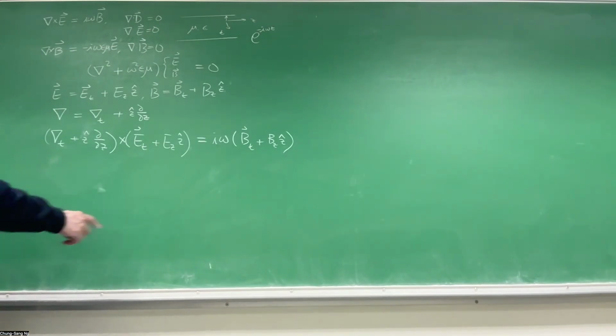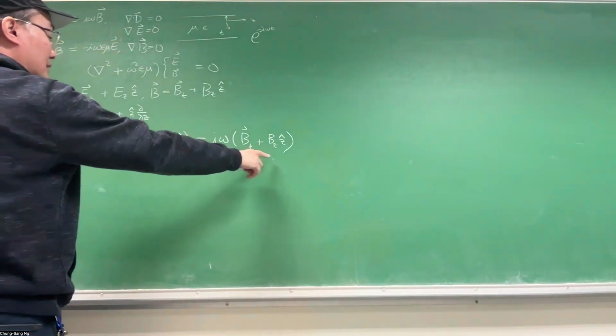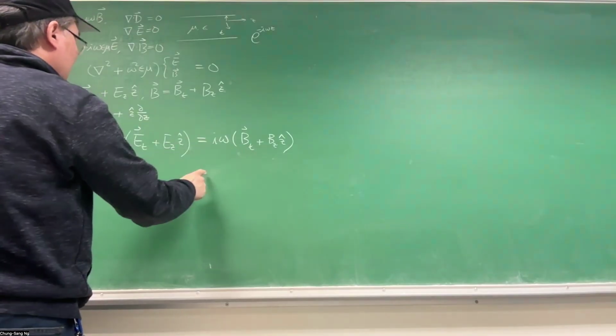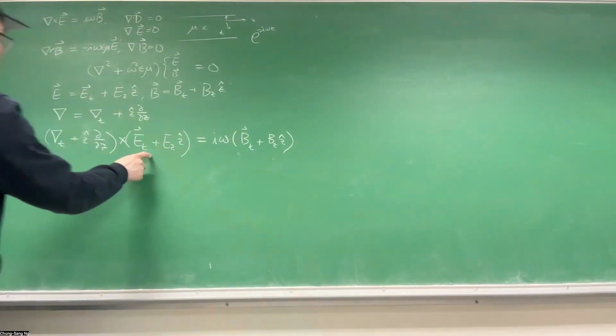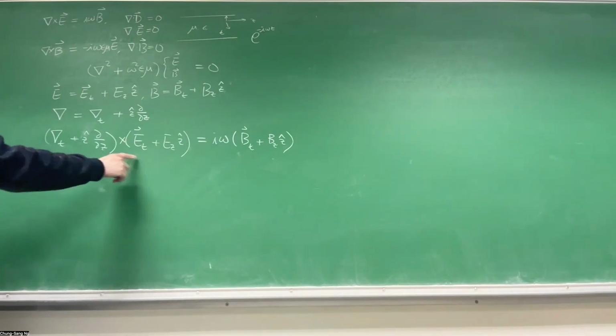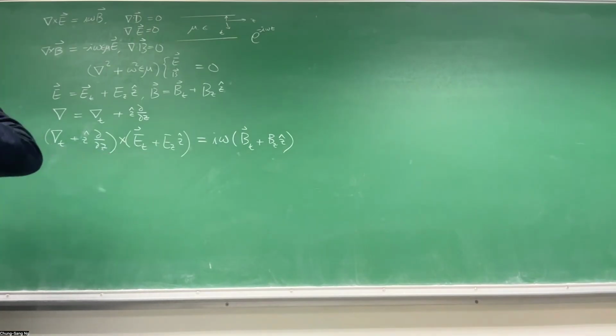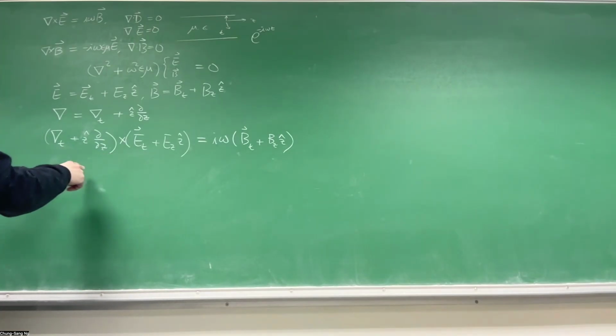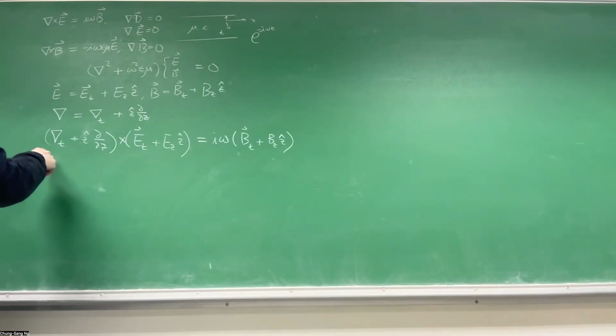So basically, you want this already separated in the transverse and z directions. So we want to separate that into the same two directions. So let's see what we can do.